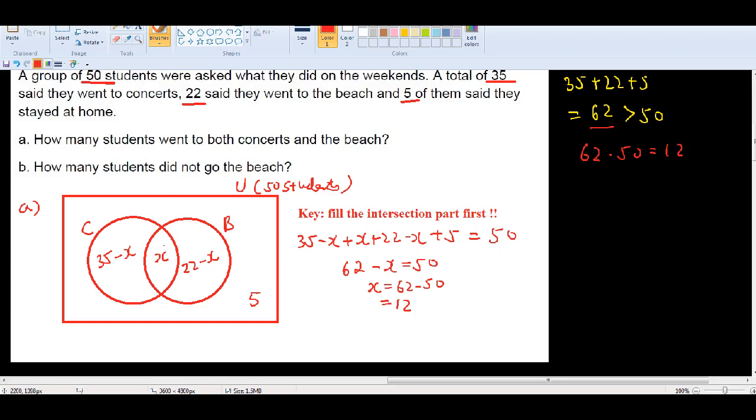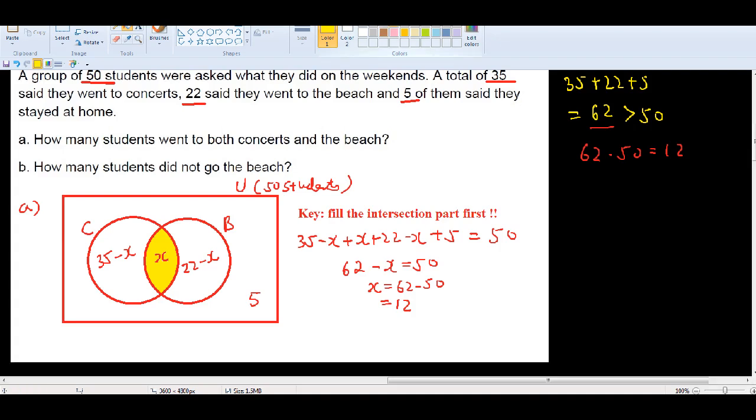But when you add circle C with circle B, the intersection part, the part common to both circles, you add 1 extra time. Can you see that? So what is more than 50 actually equals the intersection part. That's why when you add all the numbers together and take away the total number of students, you get the number of students in the intersection part.